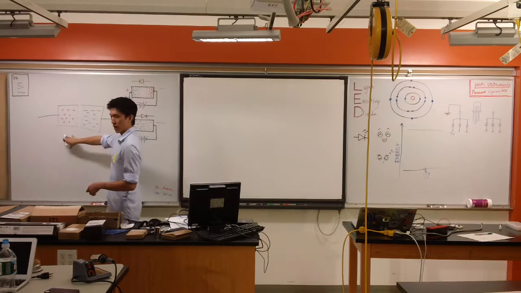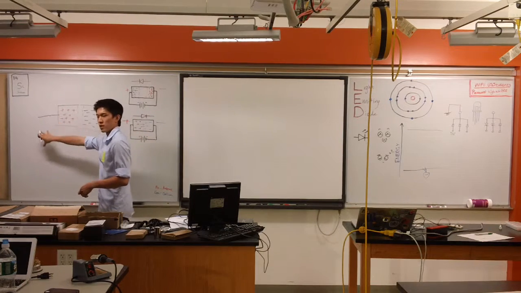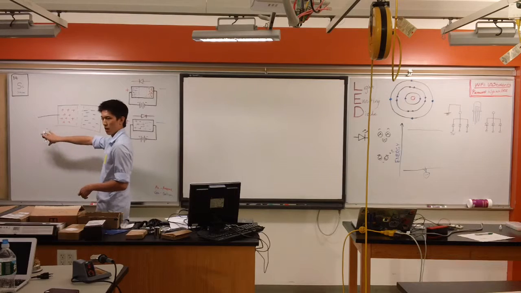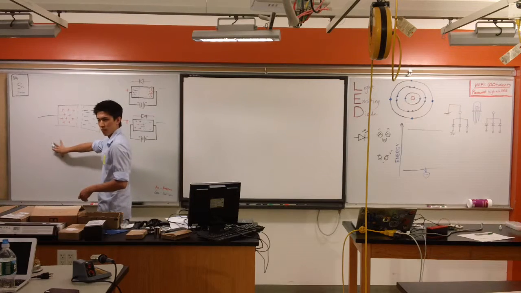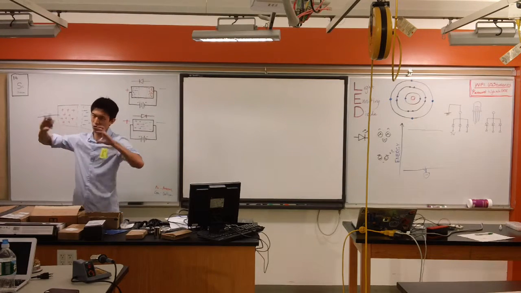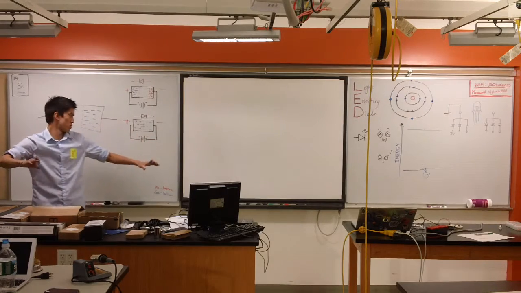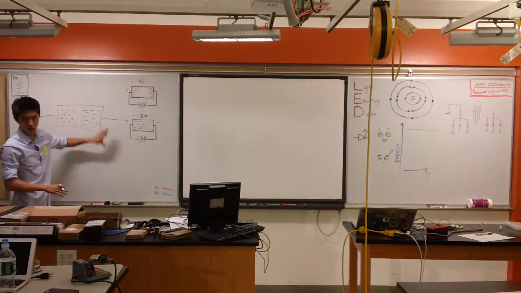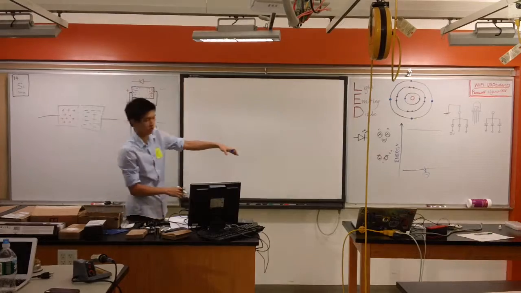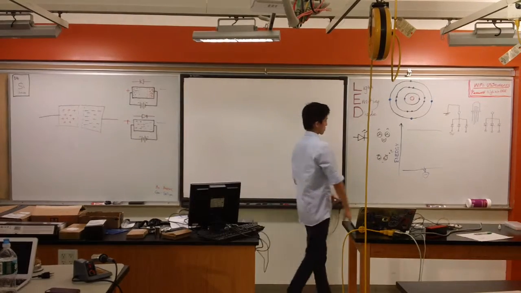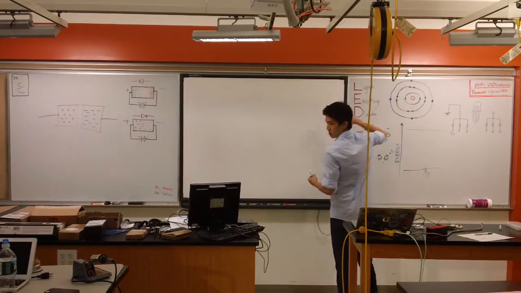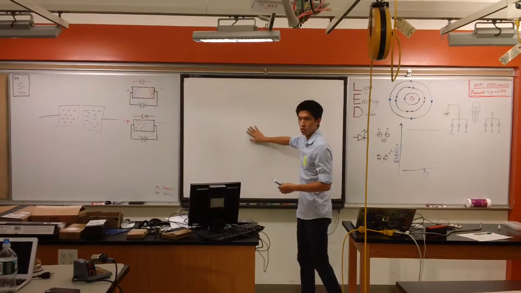You know how I was drawing the array of silicon atoms with a bunch of dopants in them? Imagine that, but really big. Imagine this whole board is positive doped silicon, and over here I have my negatively doped silicon, and in the middle I have normal silicon.